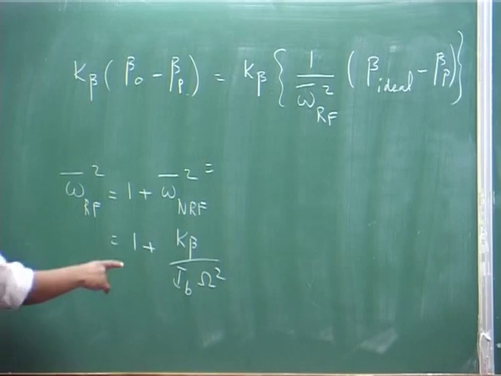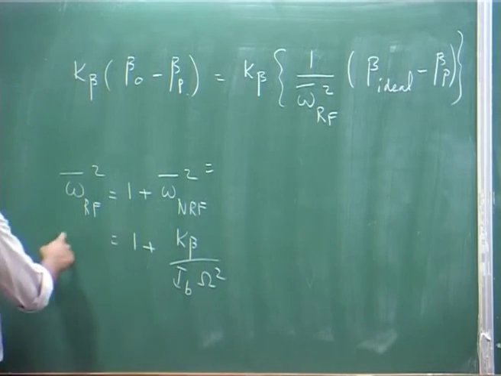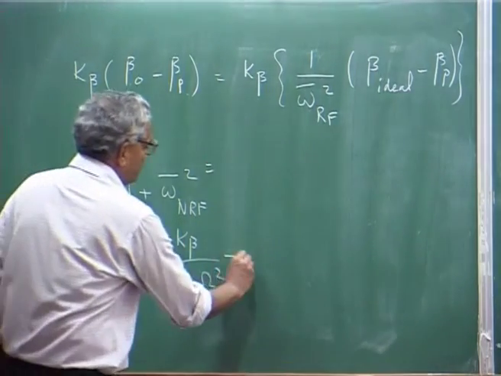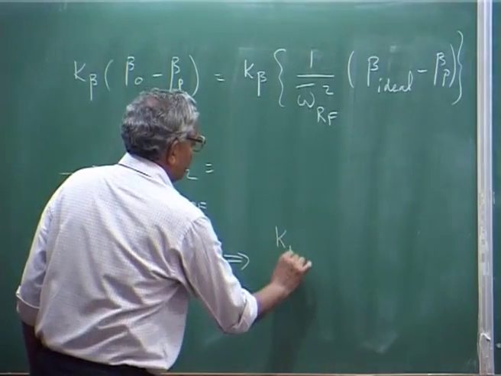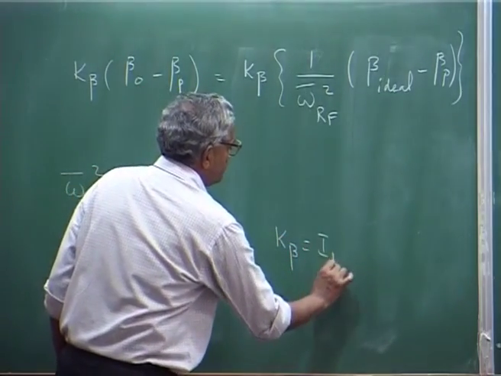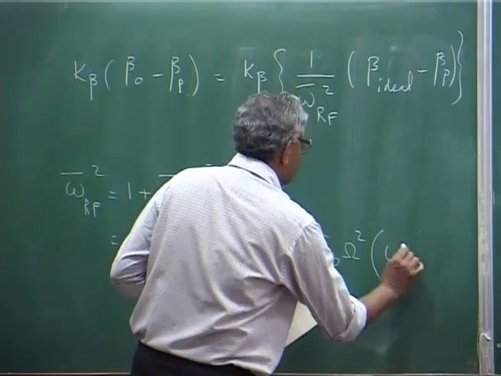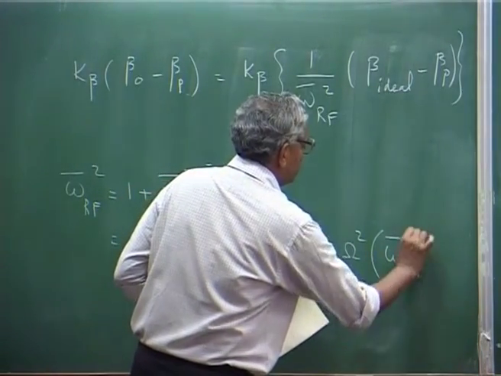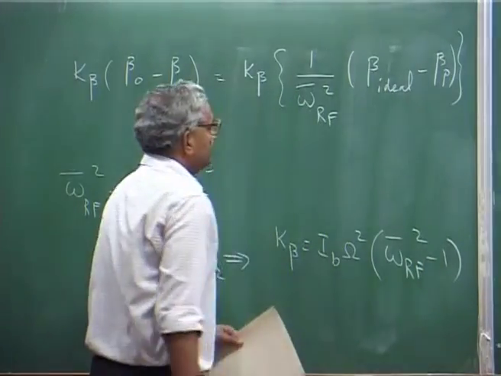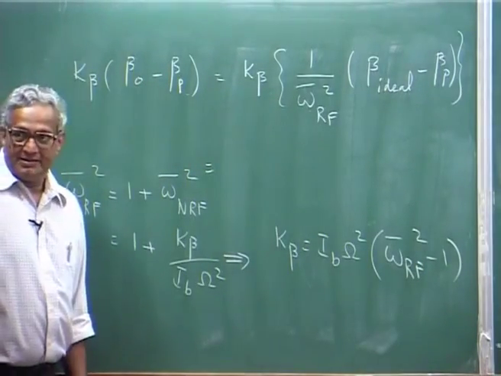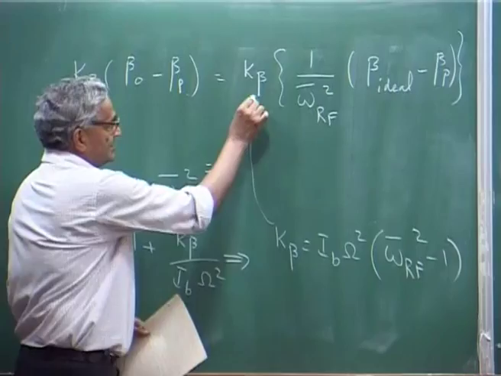So, what you are doing is you now subtract from here, this will be I b omega square into omega bar r f minus 1. So, you substitute this here.